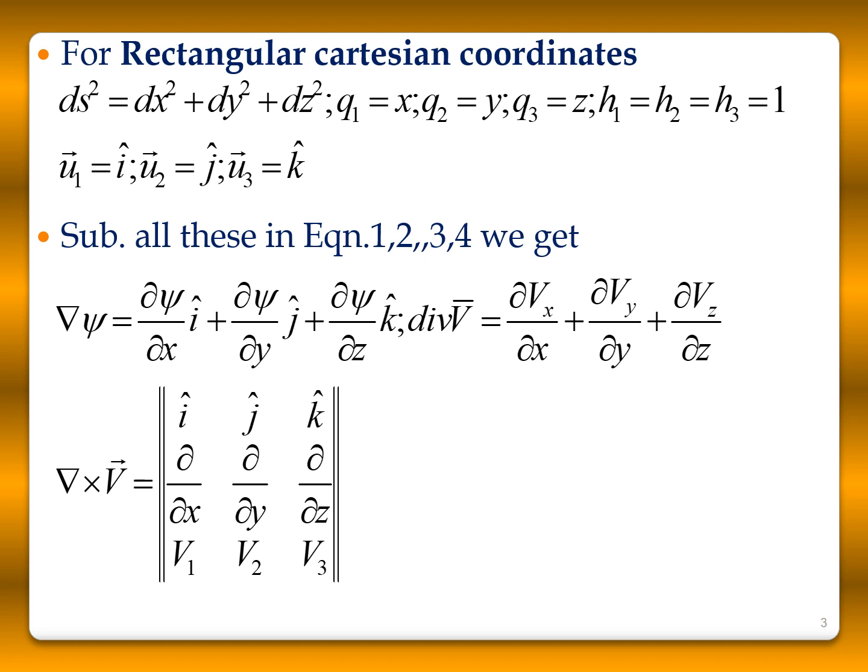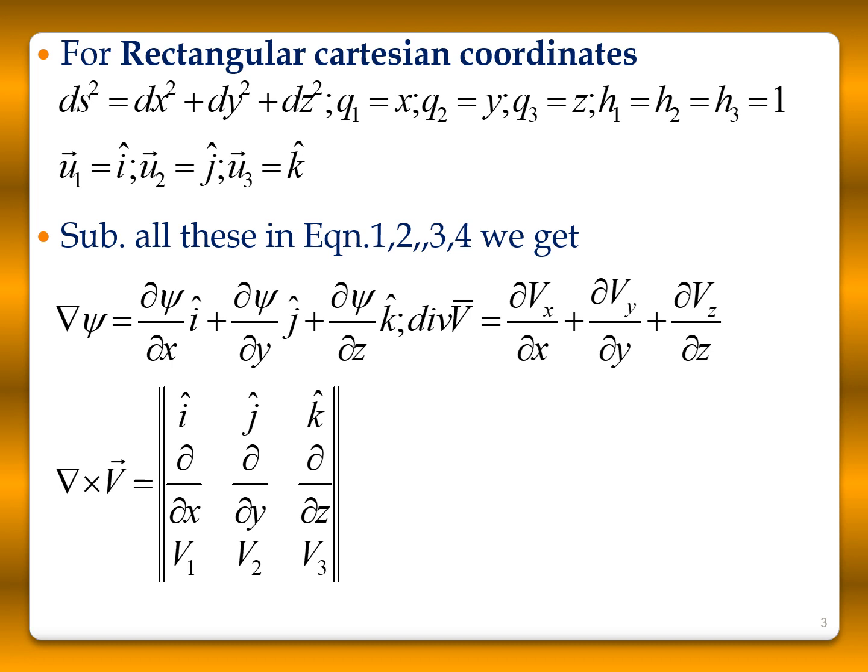Now if you substitute all this in the gradient, divergence and curl, we get del psi equal to dou psi by dou x into i plus dou psi by dou y into j vector plus dou psi by dou z into k vector.